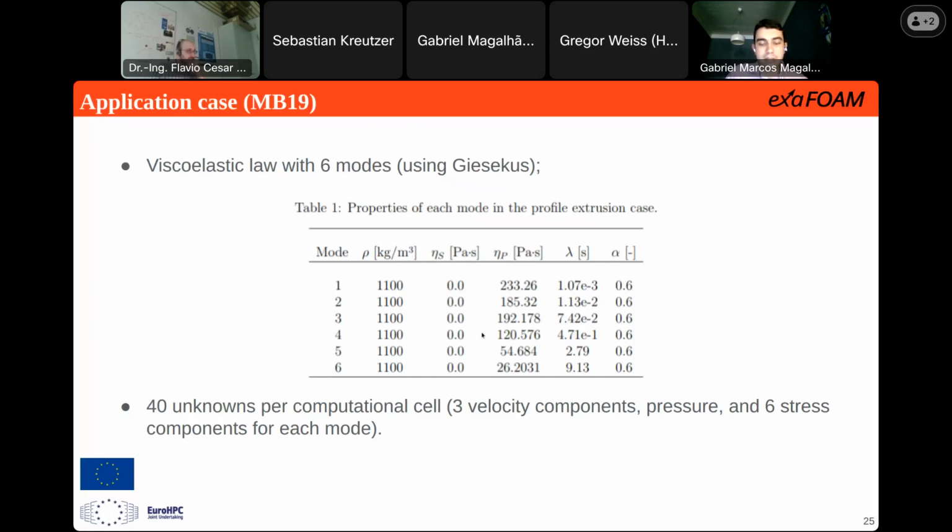It's more challenging in terms of numerical stability, so it's a good case to check the stability of our solver. For this case, we have 40 unknowns per computational cell: 3 velocity components, the pressure, and 6 stress components for each one of the 6 modes.